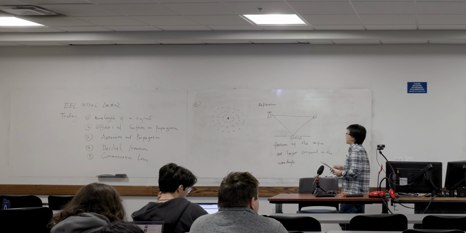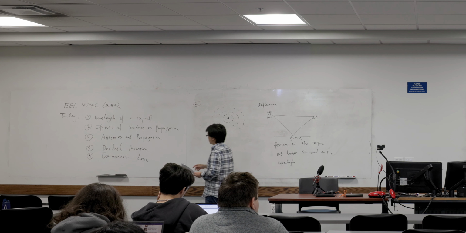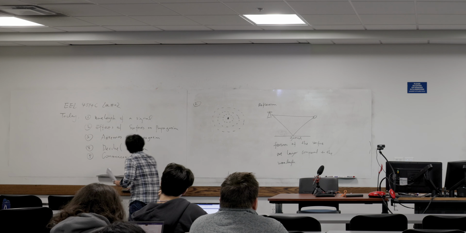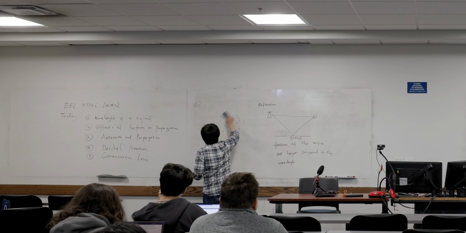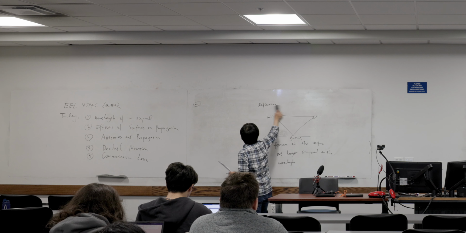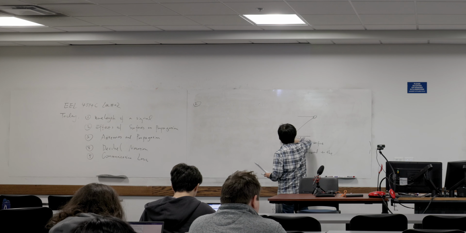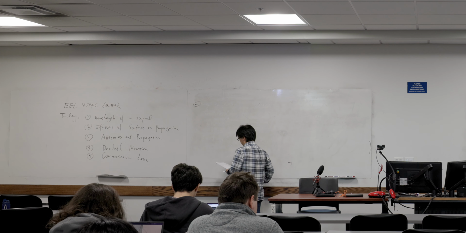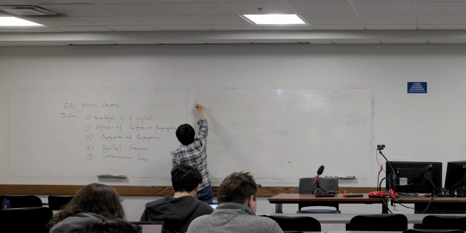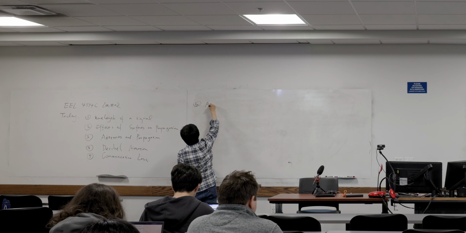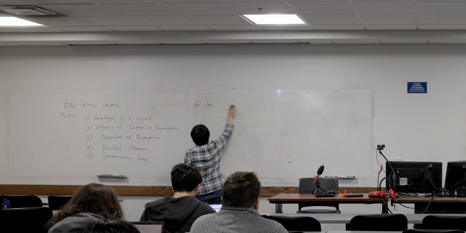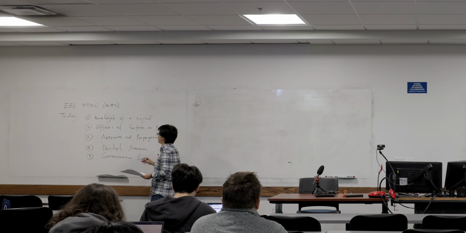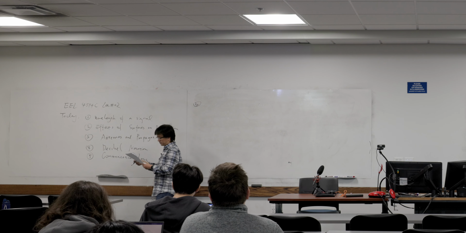Okay, and given that, now let's see. If we use an antenna for transmission, what will happen? Number 3. It's very nice to have this big board. I don't need to rewrite everything. Number 3 is antenna and propagation.